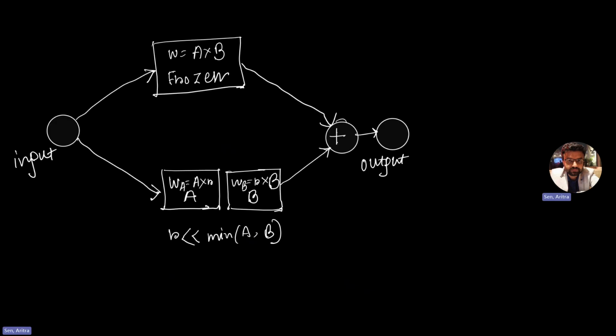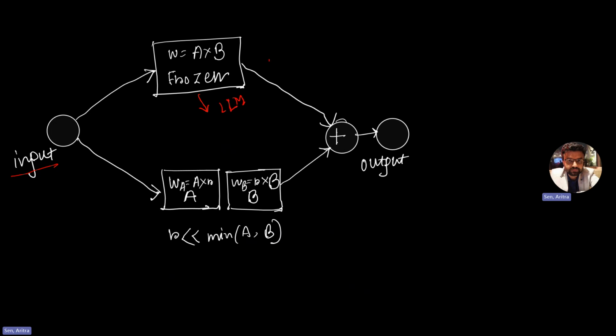Now, what will happen in case of LoRA, right? Let's try to understand with this example. As I was giving previously, we have my input data and we have my pre-trained weights, which are coming from the LLM, my foundation LLM model.